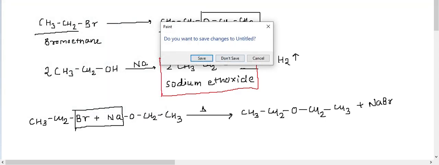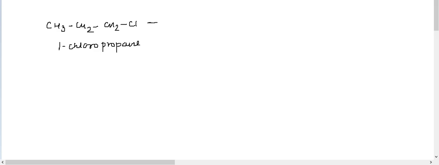So let's first draw the structure. 1-chloropropane: CH3, CH2, CH2 and Cl. The name of this compound is 1-chloropropane. 1-chloropropane to 1-nitropropane means CH3, CH2, CH2 and NO2.